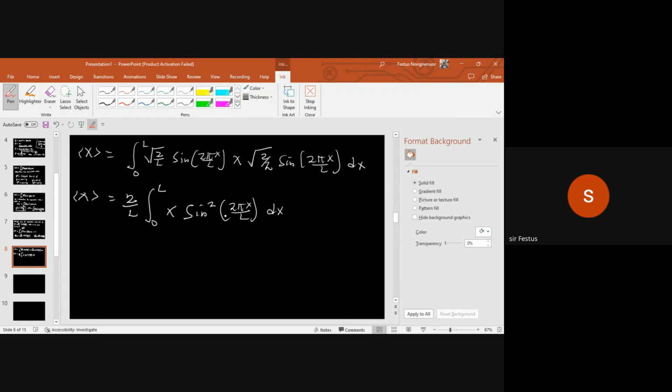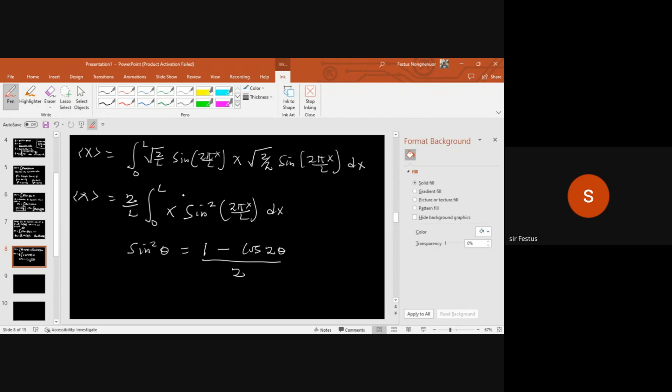If we integrate this, we will use the identity for sine square theta. Sine square theta is equal to 1 minus cos 2 theta, all divided by 2. This is an identity.